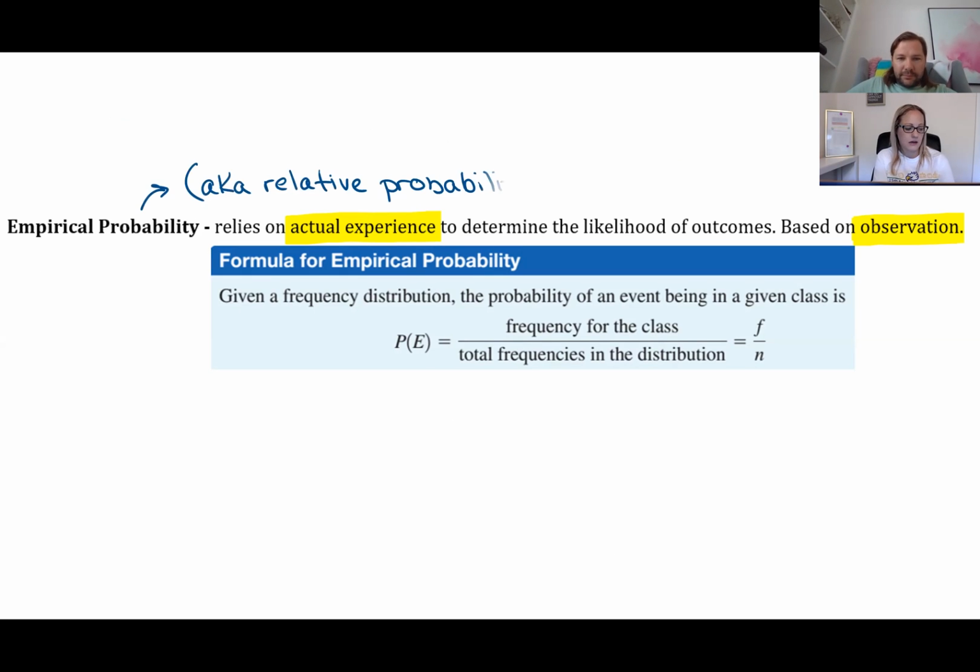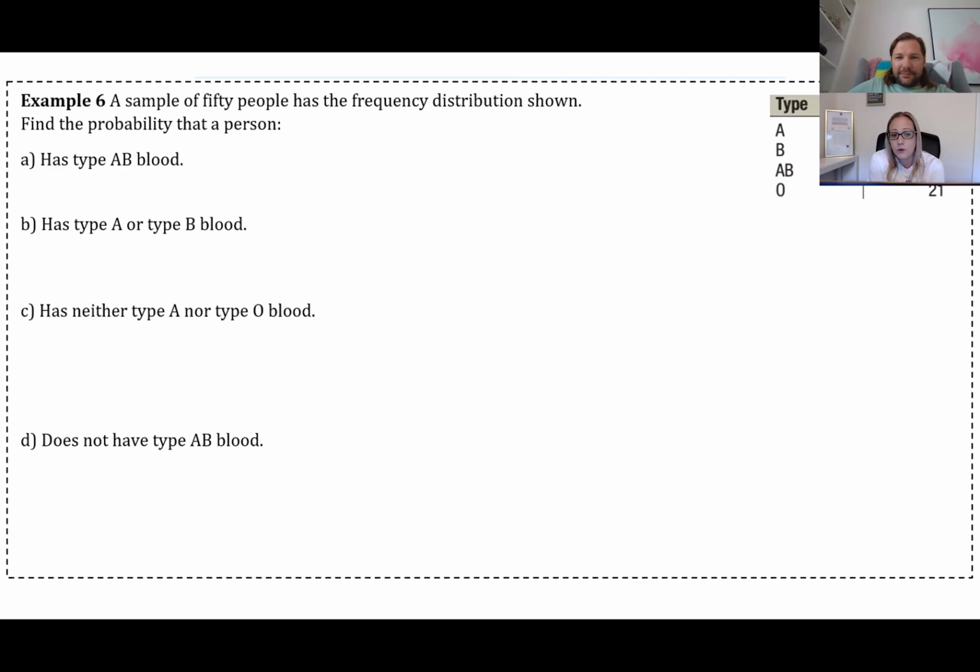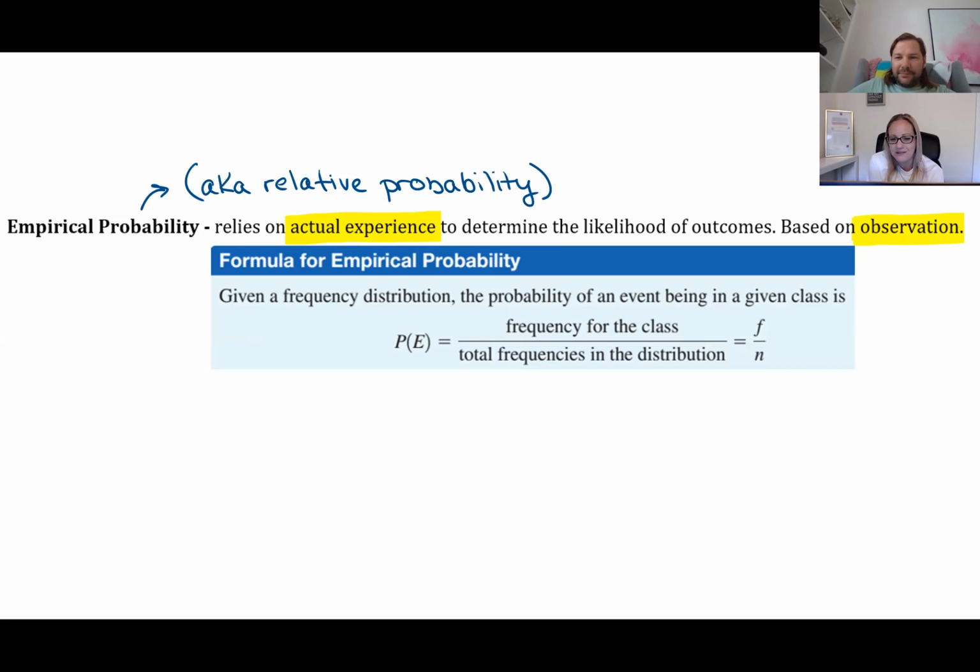So you might hear us use those terms interchangeably, or if you Google stuff or get help from someone, just know that both those terms mean the same thing. As far as the formula, I'll just read the box really fast. The probability of an event is just going to be the frequency for that class divided by the total frequency. So it's still the same basic idea as classical probability.